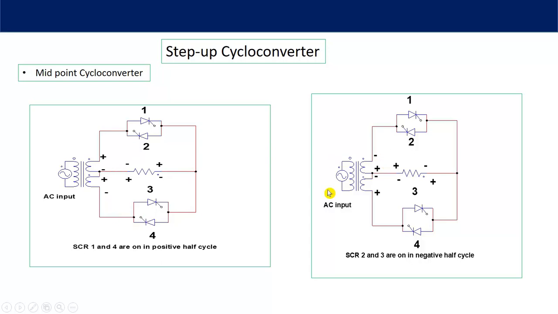Likewise, in the negative half cycle, SCR 2 and 3 will be on in negative half cycle. The polarity in negative half cycle, it is negative, positive, just opposite to this one you can see. Now you want positive as well as negative output voltage across this load. So what are the favorable conditions or which thyristors you can turn on?